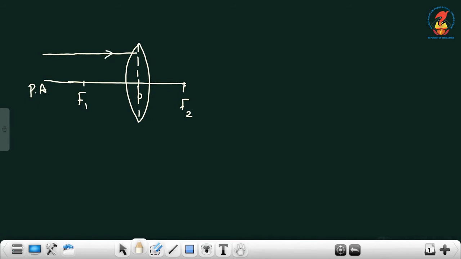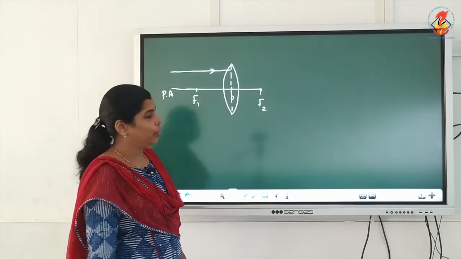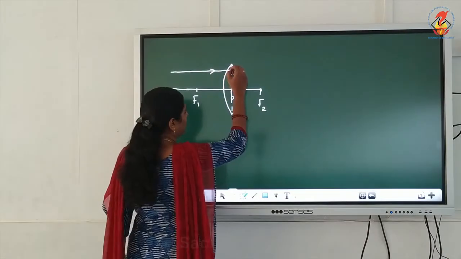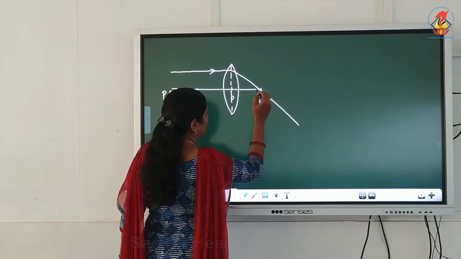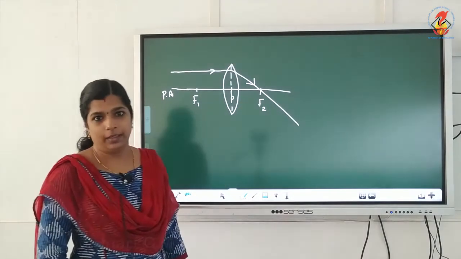From this optical axis, you need to show the bending. It passes through the principal focus on the other side.